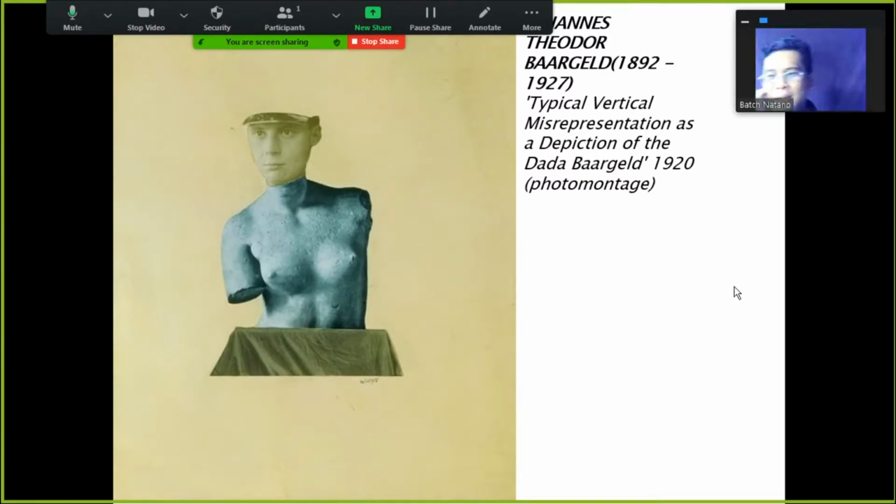When we say montage, photos are layered over each other. It's the duality of man. Human figure. A torso of a woman with the face of a man. If it's a torso of a woman with the face of a man, what does it mean?